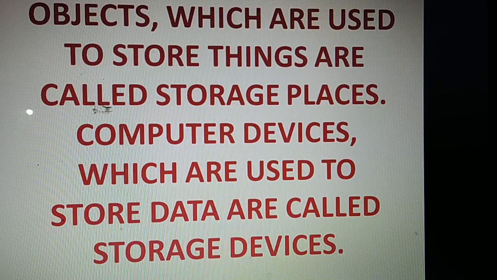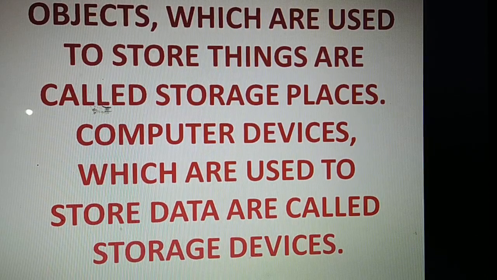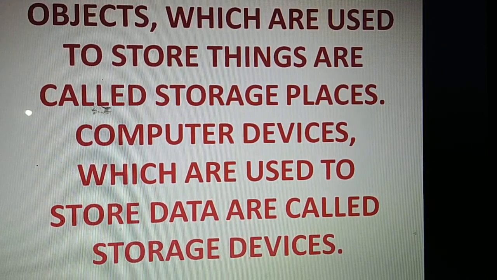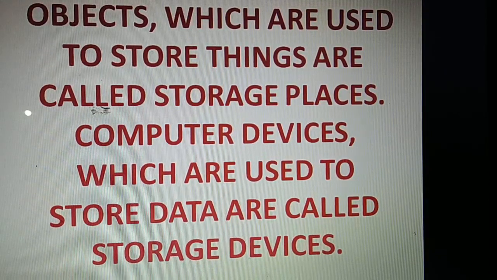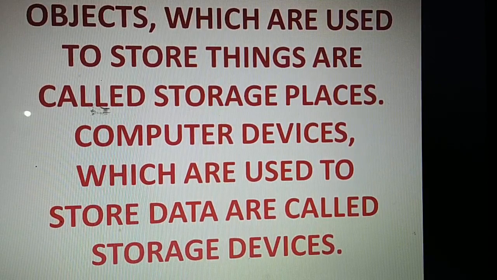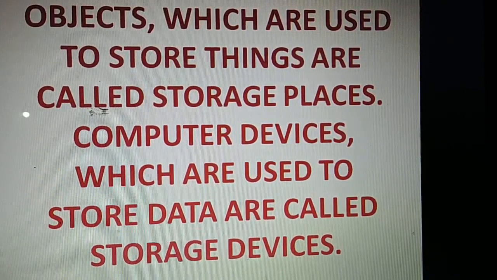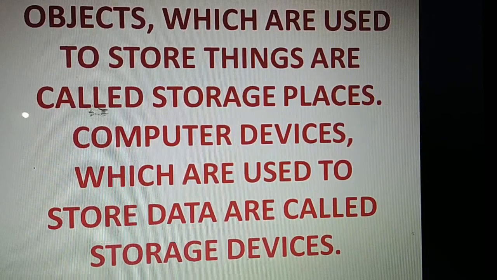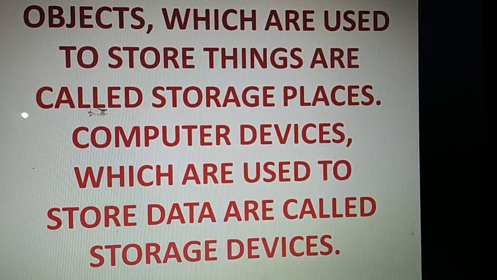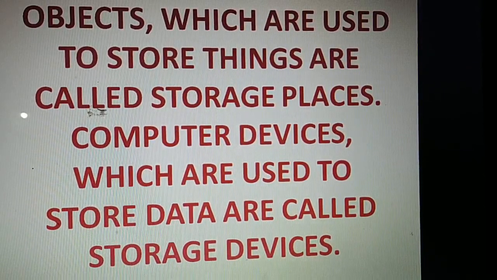Before starting the topic storage devices, first we will discuss storage places. We all have storage places in our homes, isn't it? Objects which are used to store things are called storage places.